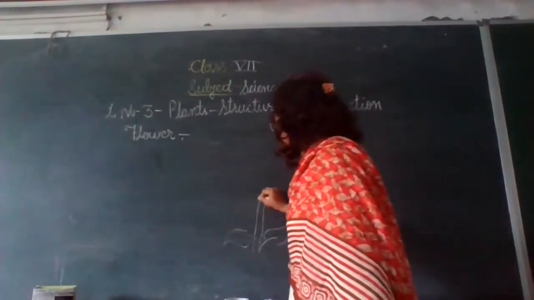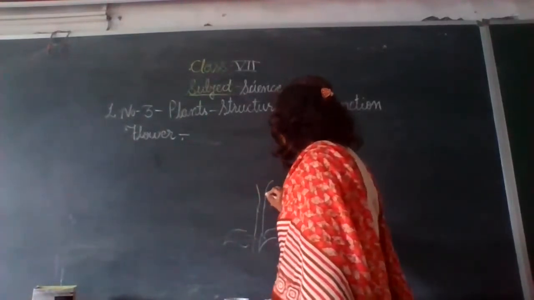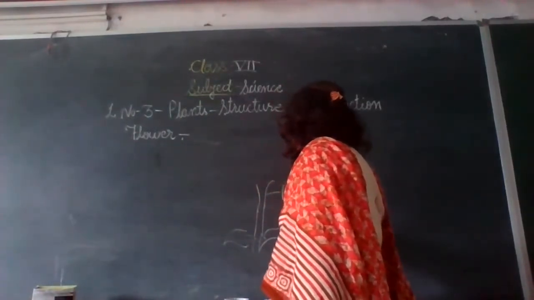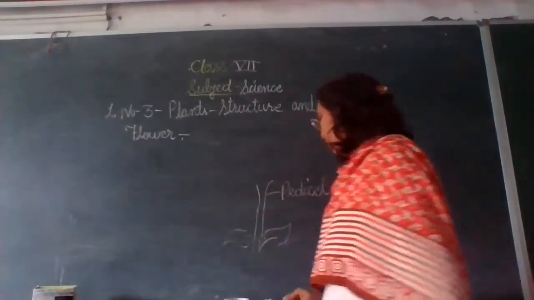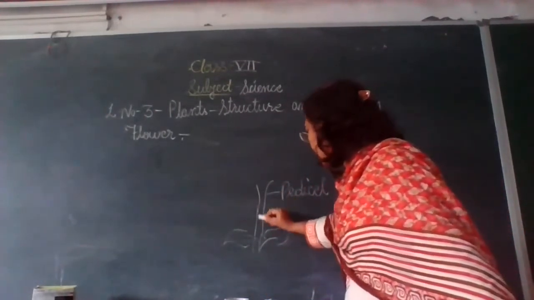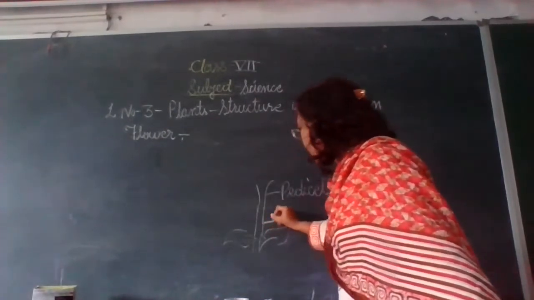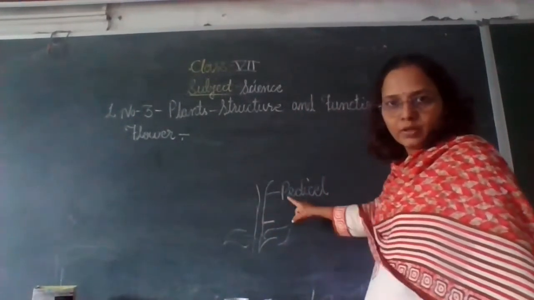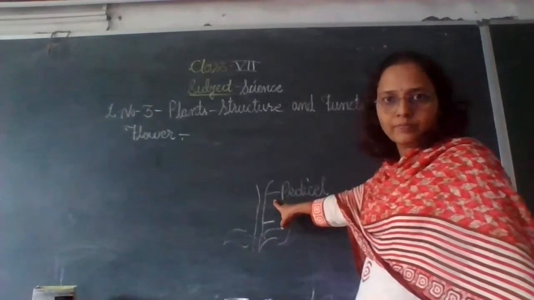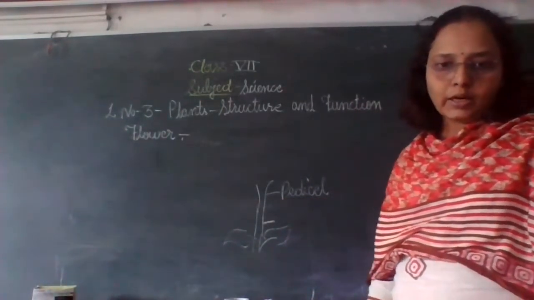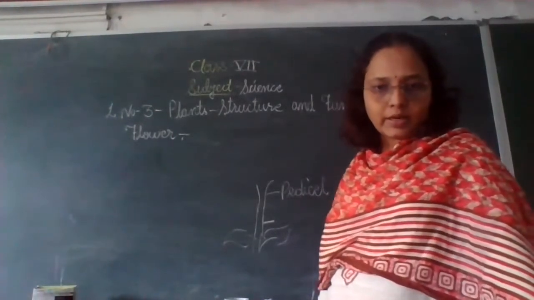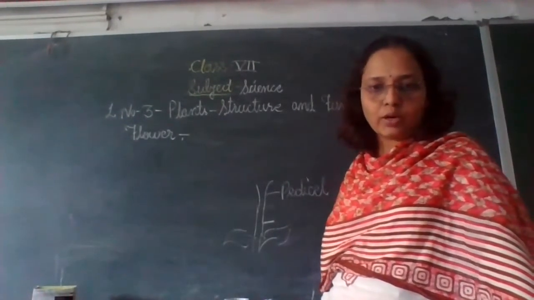This is the pedicel. One end is attached to the stem. It is the stem part. These are the leaves. One end of the pedicel is attached to the stem, and the other end of the pedicel is expanded and swollen.